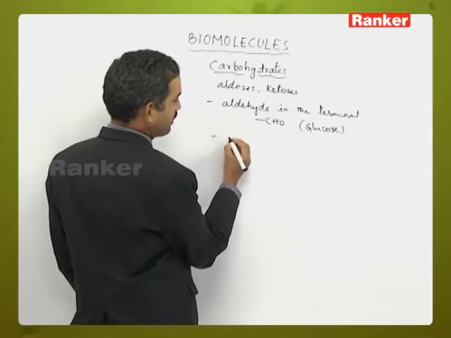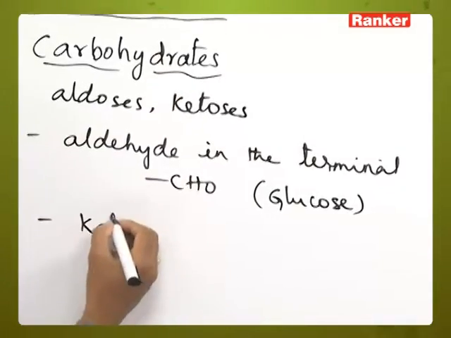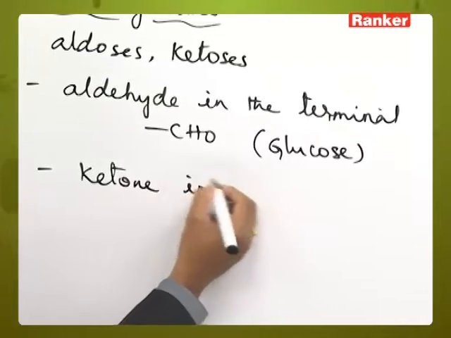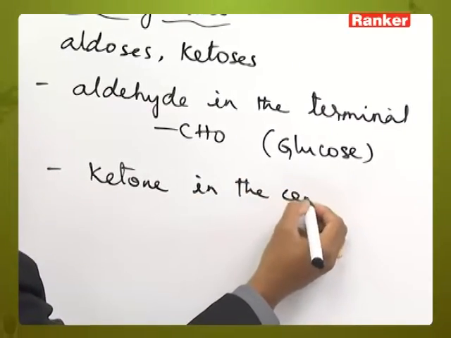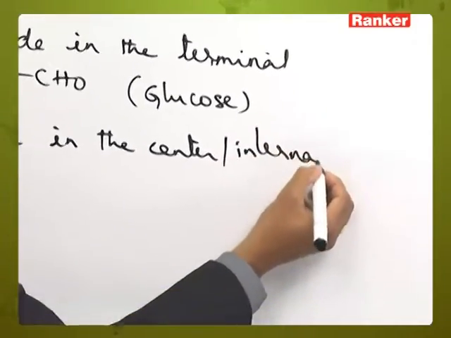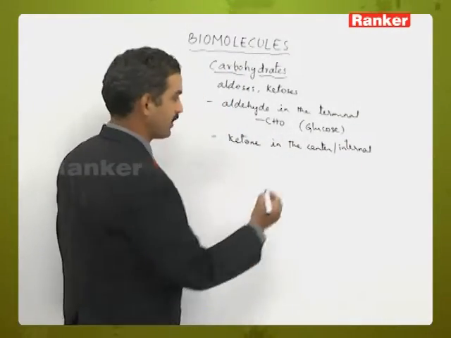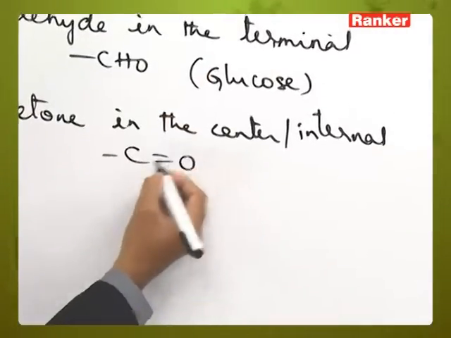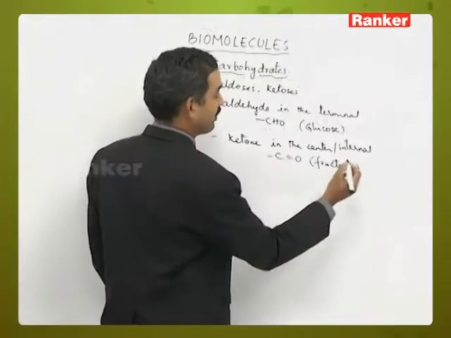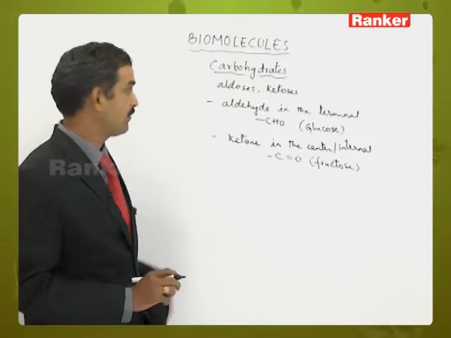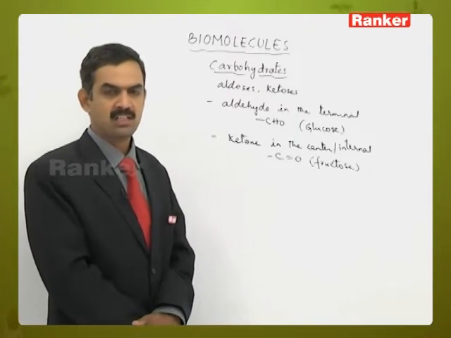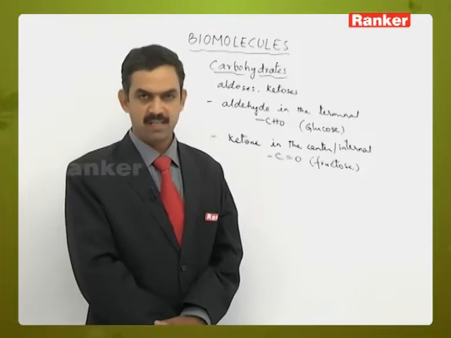Then ketoses are the ones which contain a ketone functional group, that is in the middle or center, or we can say in the internal structure of the carbohydrate molecule. So here, C double bond O. This type of structure can be seen in examples like fructose and pseudoheptulose. So likewise these are considered as the hydroxy aldoses and ketoses and their derivatives.